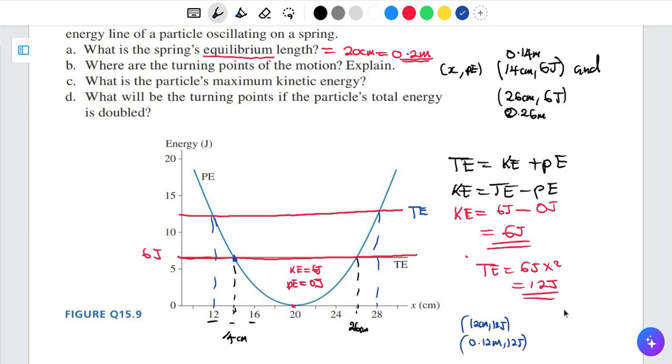The second one is 28 centimeters, 12 joules, which converts to 0.28 meters, 12 joules. Those are the coordinates, the first one and the second one. That is how you're supposed to answer that one.